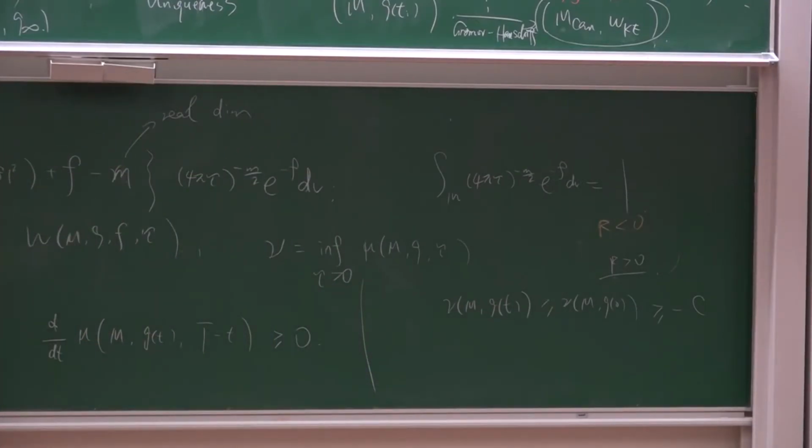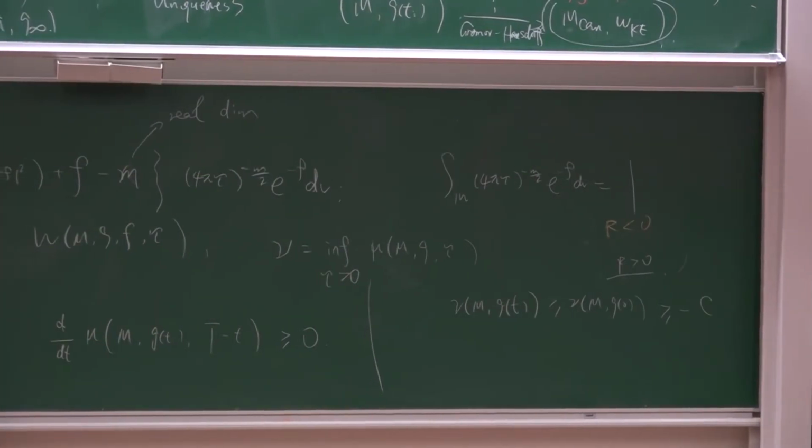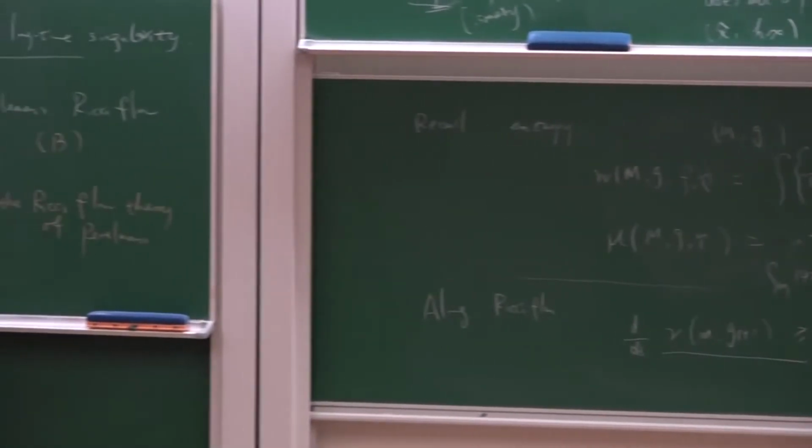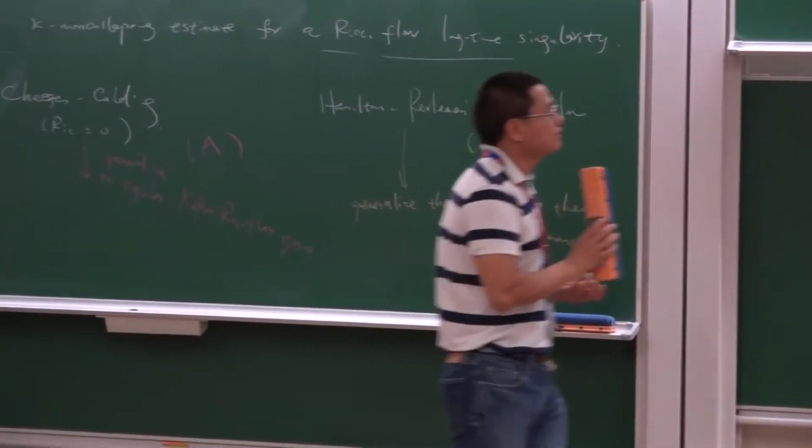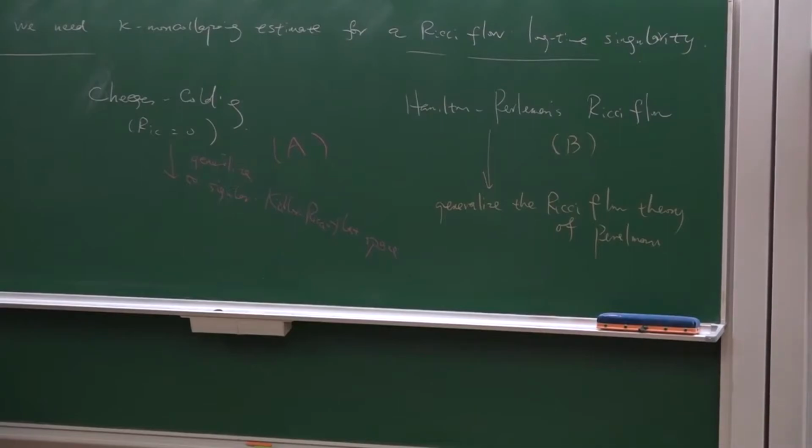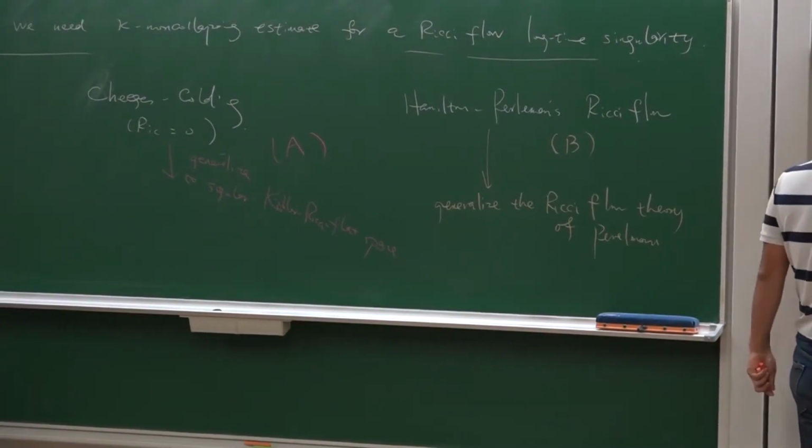But then I turned to the reduced geodesic and reduced volume picture. I found that it's very close to the solution. So what is the reduced picture?